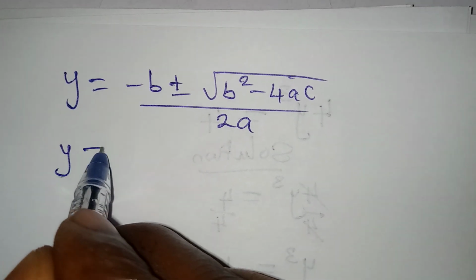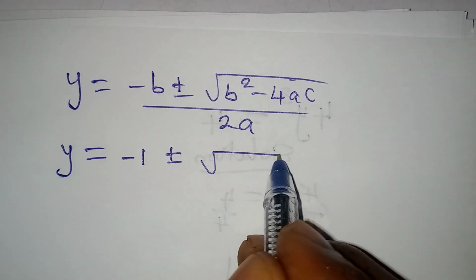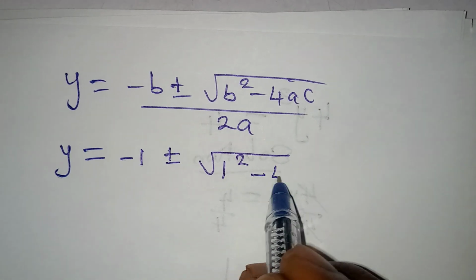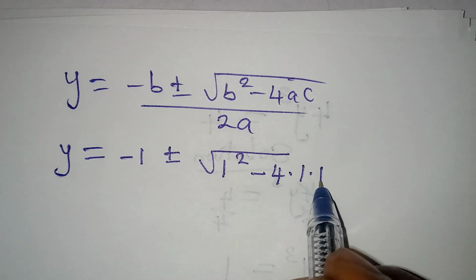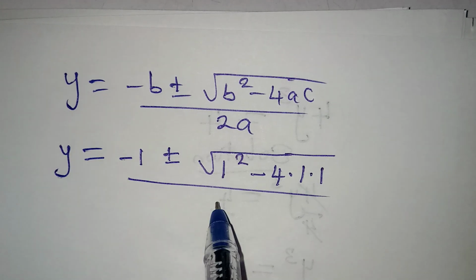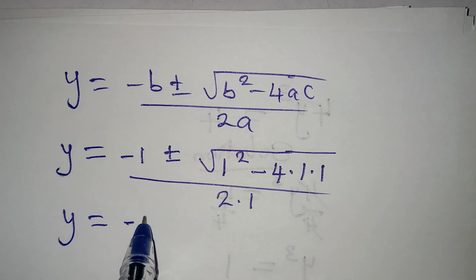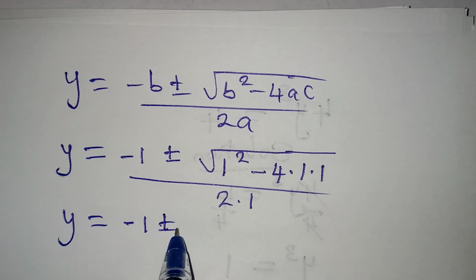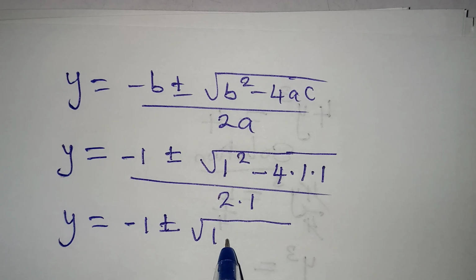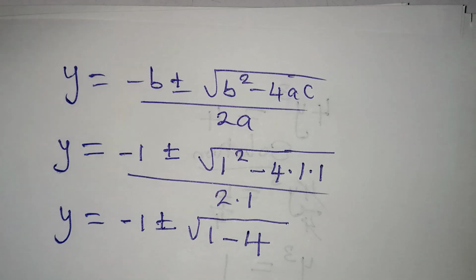So y here will now be minus 1 plus or minus the square root of 1 squared minus 4 times 1 times 1, because a and c are 1, and then over 2 times 1. Y here will be equal to minus 1 plus or minus the square root of 1 squared, which is 1, then minus 4 times 1 times 1, which is 4.